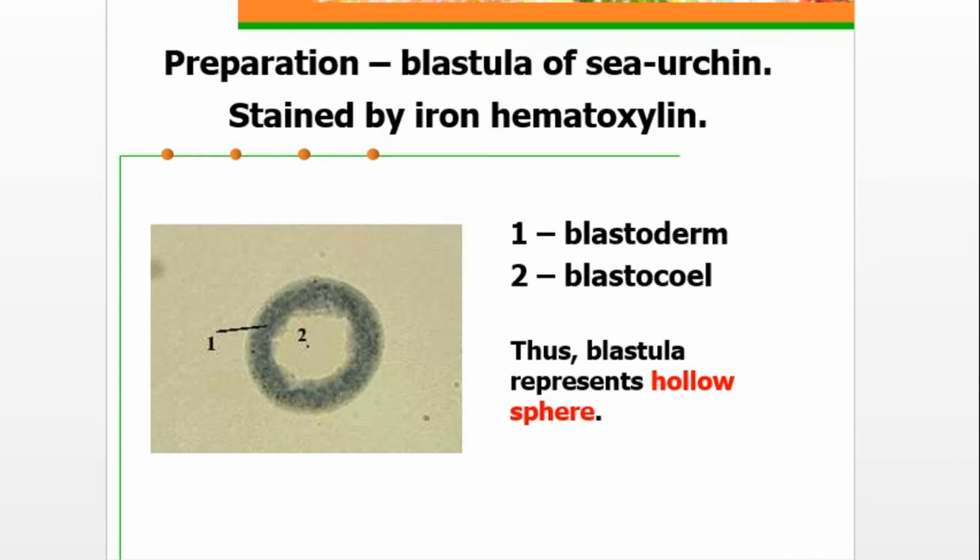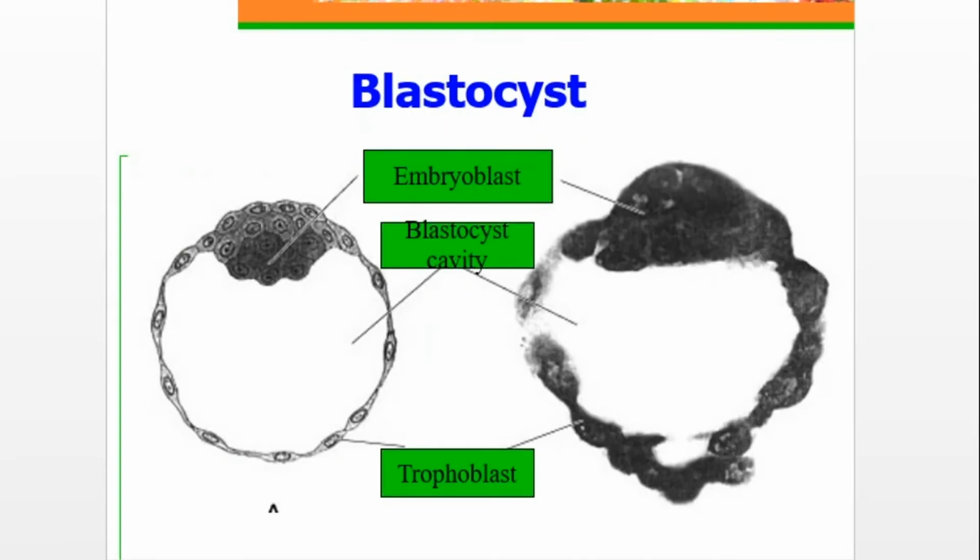Morula undergoes the next cleavage and becomes blastula. Blastula is a multicellular organism which contains an inside space, a blastocoel, and the wall of this space is named blastoderm. The human type of blastula is a blastocyst because of its shape.